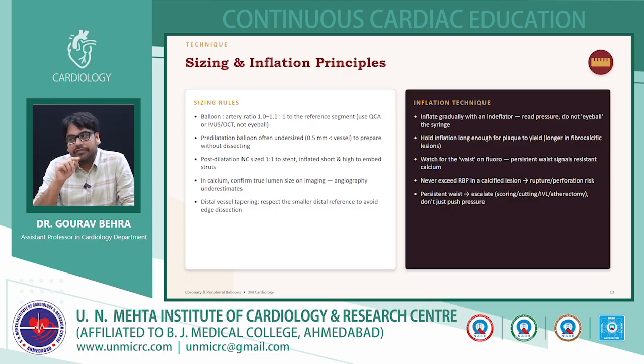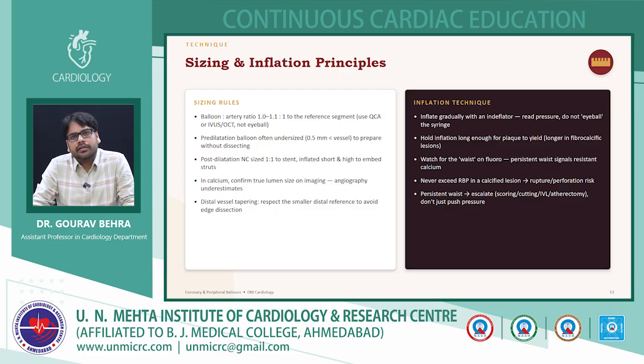Is there any waist in the balloon that will lead to resistance and inadequate expansion? So you should look at the fluoro as well, and never exceed the RBP in a calcified lesion, as that can cause rupture or perforation. Now, if there is a persistent waist in the fluoro with that balloon, you can escalate to different balloons like scoring or cutting.